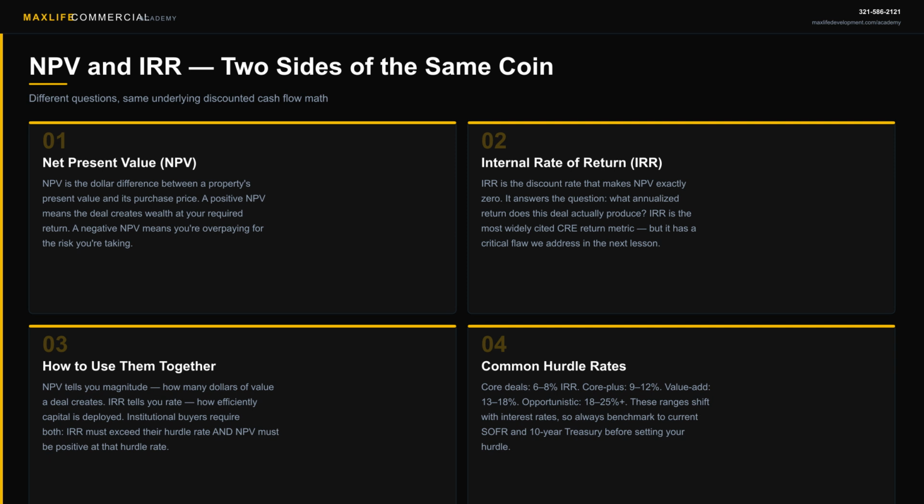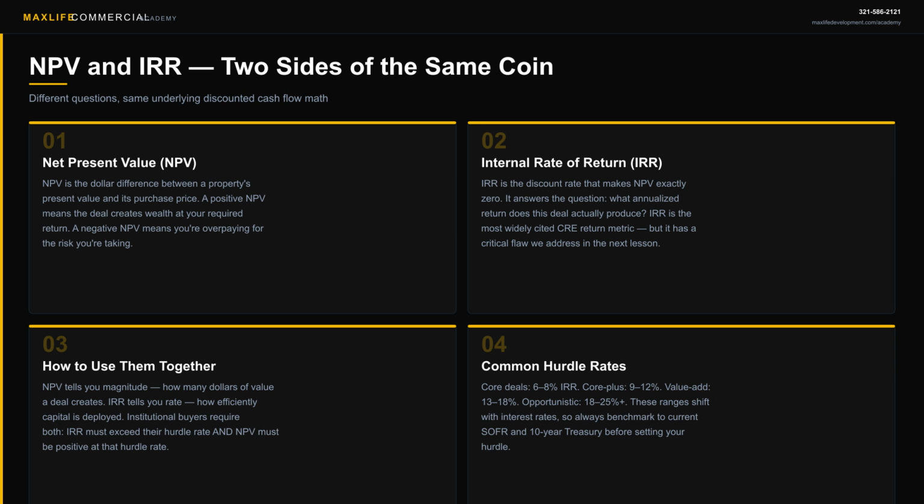You take every projected cash flow, discount each one back to today's dollars at your hurdle rate, add them all up, including the eventual sale proceeds, and subtract the purchase price. If the result is positive, the deal creates value at your required return. If it's negative, you're paying too much for the risk level. IRR flips the question around.